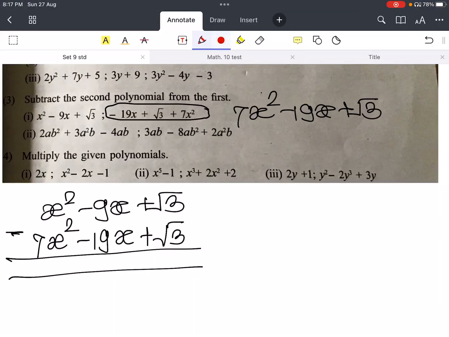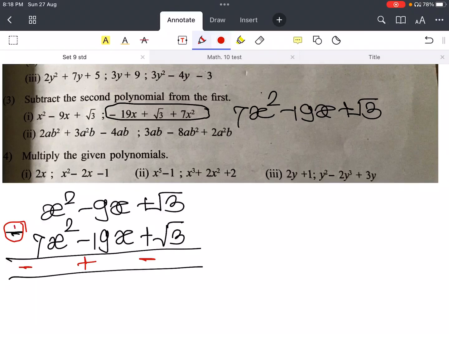This minus, which is outside the bracket, is directly connected with this second bracket. So this plus 7 becomes minus 7. Minus 19 becomes plus 19, and plus root 3 becomes minus root 3.